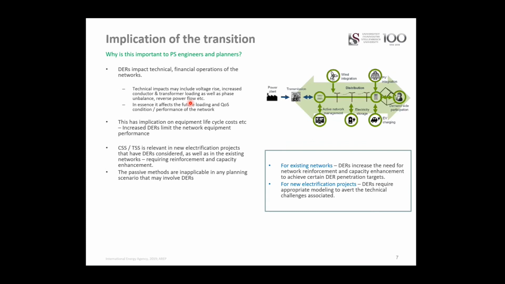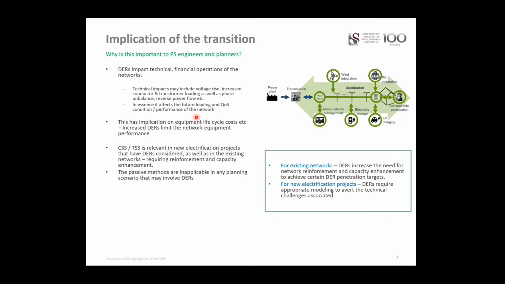So the implication of this transition: why is this important to power system engineers and planners? One is that DERs basically impact the technical as well as the financial operations of the networks. We are more focused on technical here. And as I've noted before, the technical impacts may include voltage rise, increased conductor and transformer loading, as well as phase unbalance, and even reverse power flow.